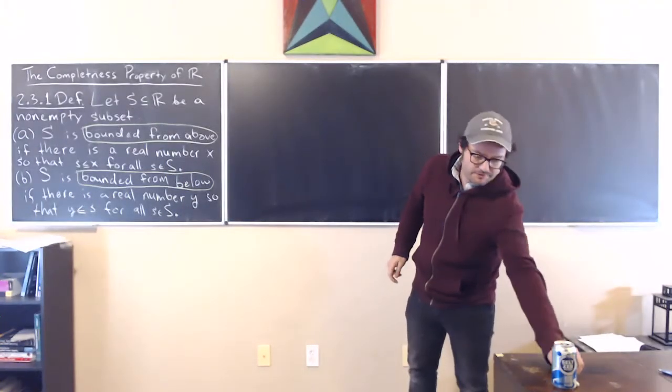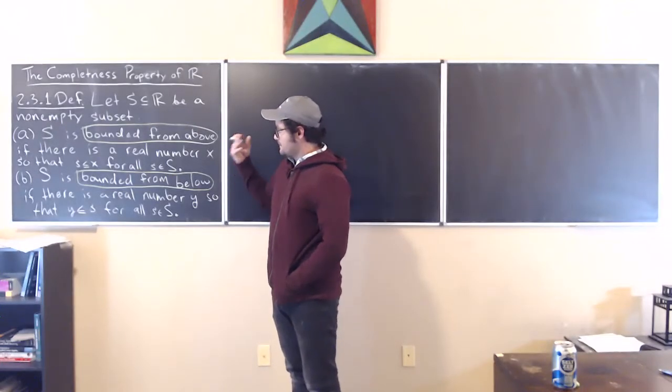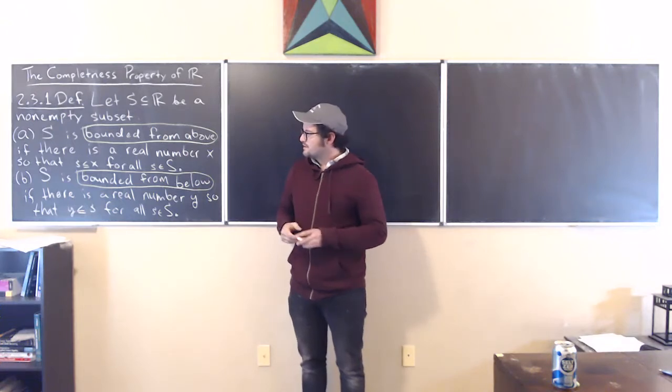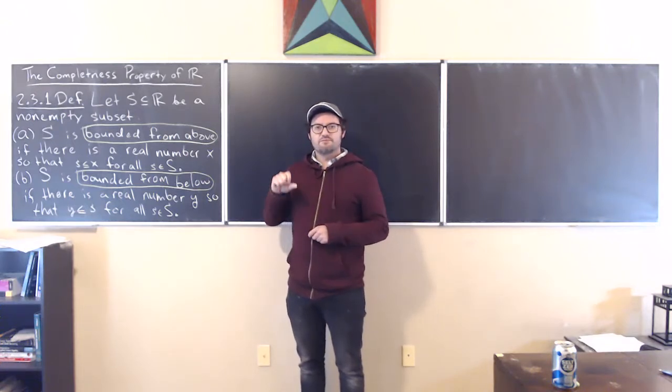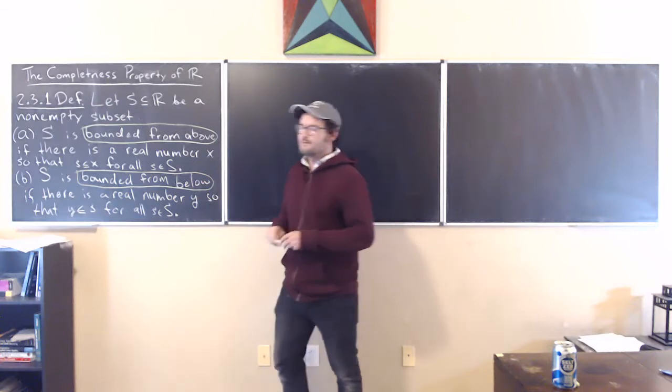So this is the notion of being bounded, and if S has at least one of these bounds, we say this bounded from above or below, but we only say the set is bounded if it has both an upper bound and a lower bound.